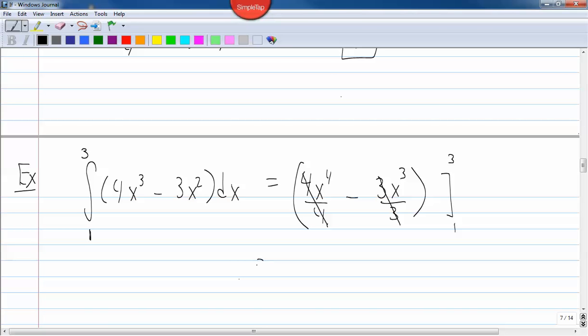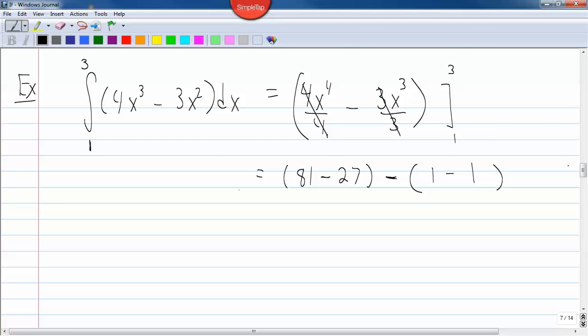So I'm going to plug a 3 in. 3 to the 4th power is 81, minus 3 to the 3rd power is 27. So I plugged in the top boundary, then I say minus, plug in the bottom boundary, plug in a 1. 1 to the 4th is 1, minus 1 to the 3rd is 1.